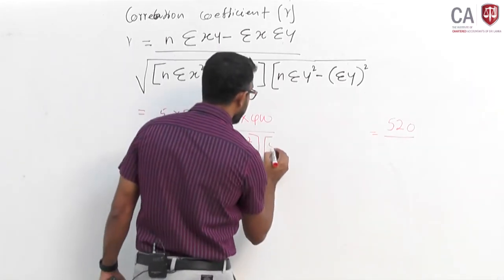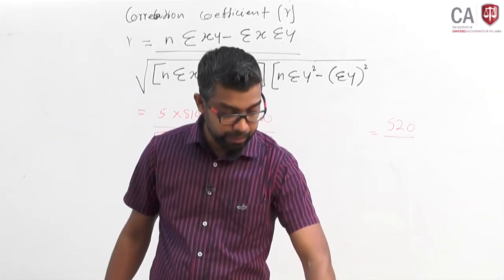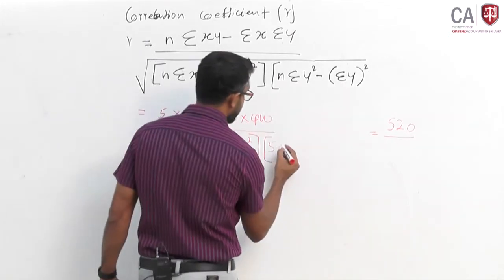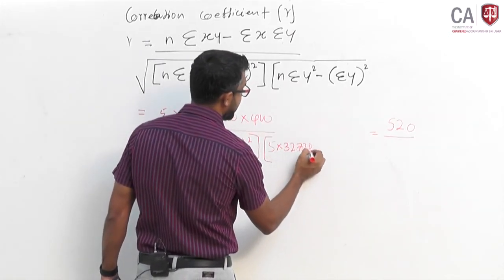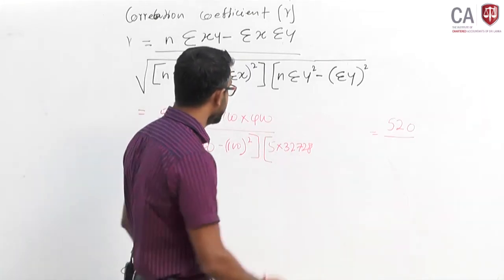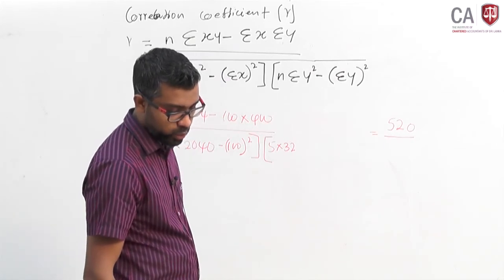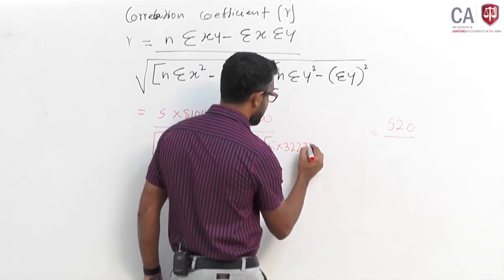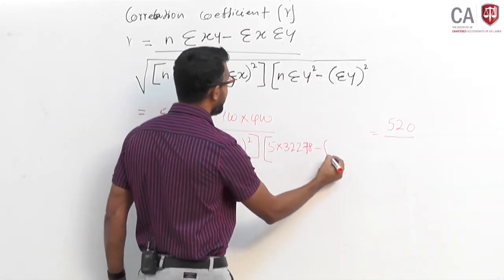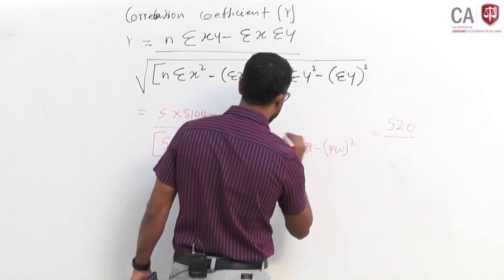Right, 5, be careful, don't be hasty. What is the sum of y squared? 32,278. Then minus sum of y, which is 400, power of it.